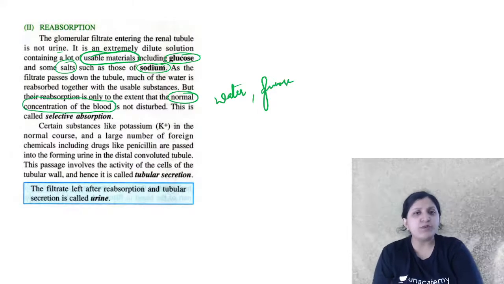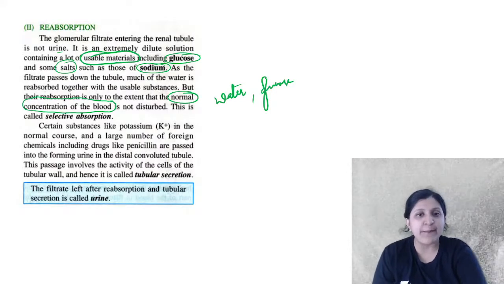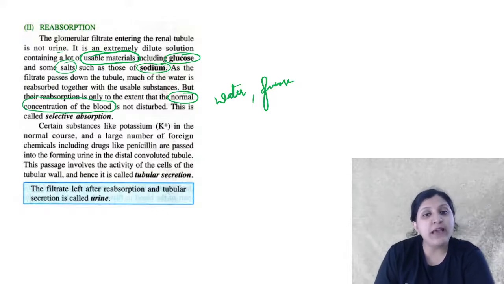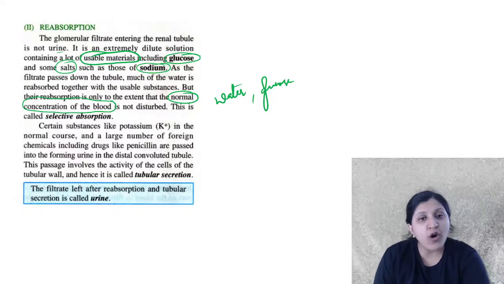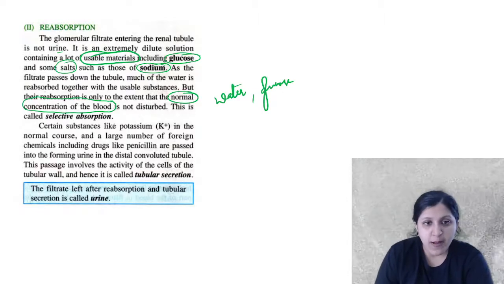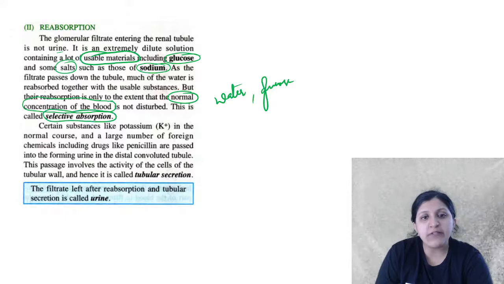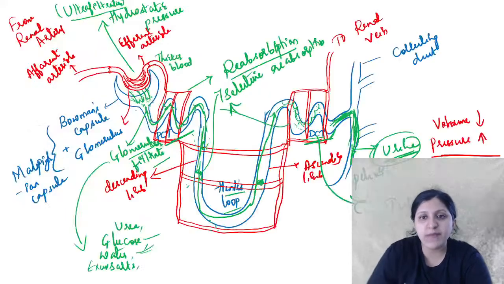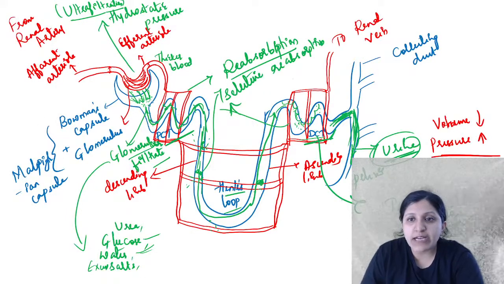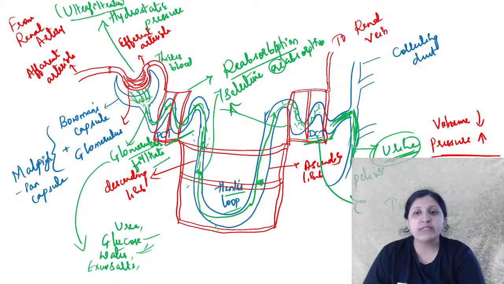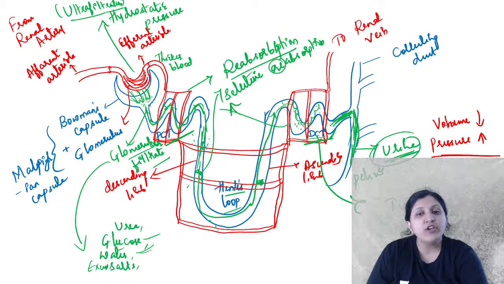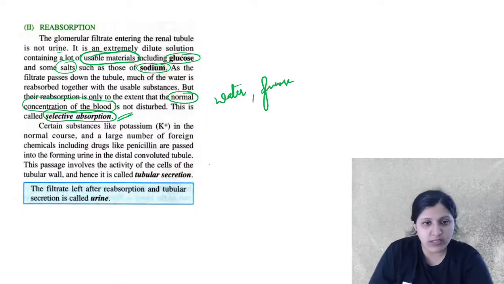All this absorption back into the capillary occurs in order to maintain the normal concentration of the blood, and that we call selective absorption. This is the reabsorption itself, so selective absorption is occurring only to maintain a normal concentration.